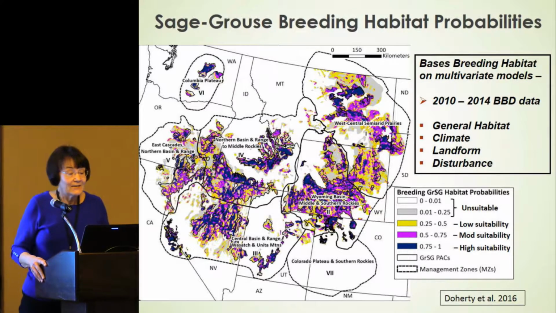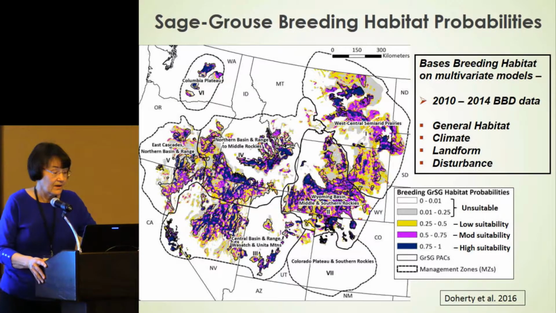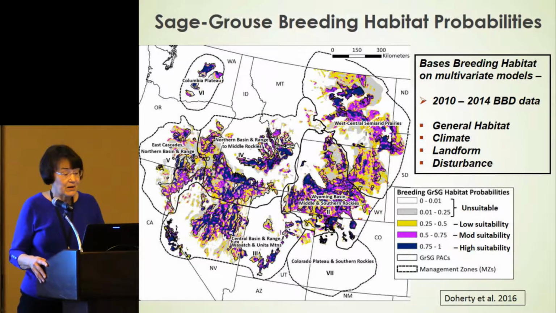The breeding bird habitat probabilities are developed from multivariate models that look at the relationships between the breeding bird density data and general habitat, such as the cover of sagebrush and also conifers, climate, landform, and disturbance. For the purposes of the science framework, we categorize those breeding habitat probabilities based upon the probability of supporting active leks. In this map, you can see those categories.